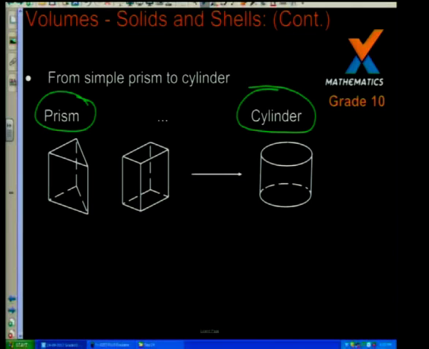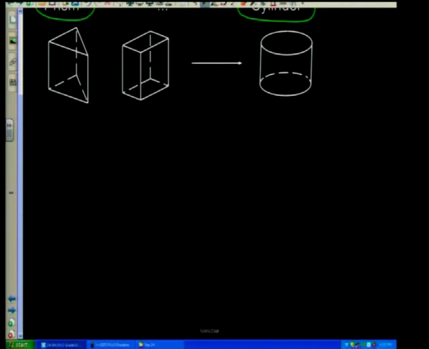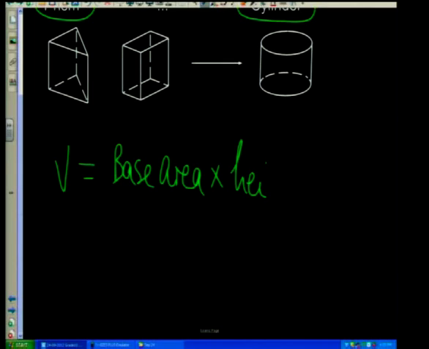If I'm looking at the volume of a prism, I'm going to use the base area. The volume will be the base area multiplied by the height of that prism.